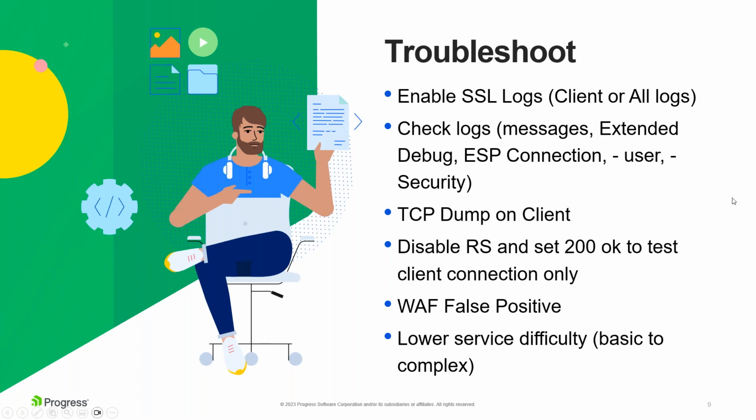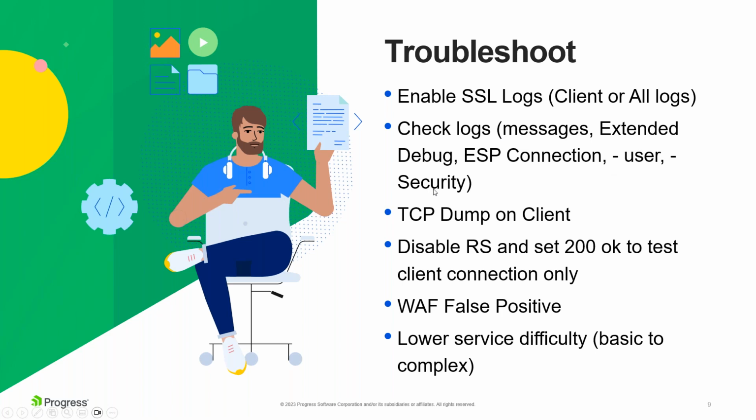So what we can do is enable client logging for SSL errors. If they can't do the handshake, we can log that. So that's something you can enable. You can, of course, check the normal logs on the load balancer, like system messages, or if there's ESP involved, connection, user, or security logs.